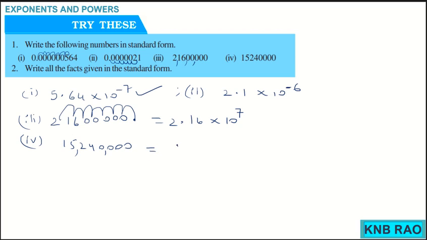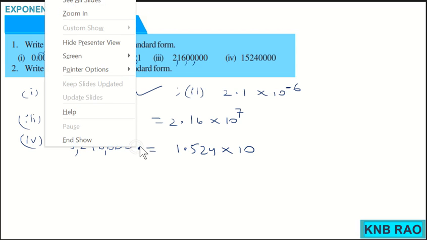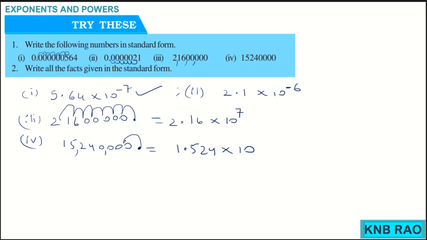So if you want to write it, it becomes 1.524 into 10 raised to the power. From here, shifting the point takes place 1, 2, 3, 4, 5, 6, 7. So 1.524 into 10 to the power 7.